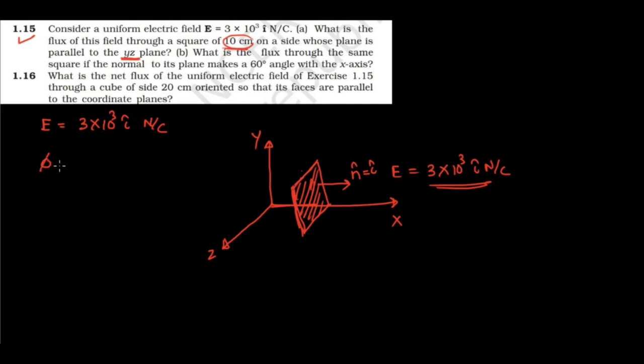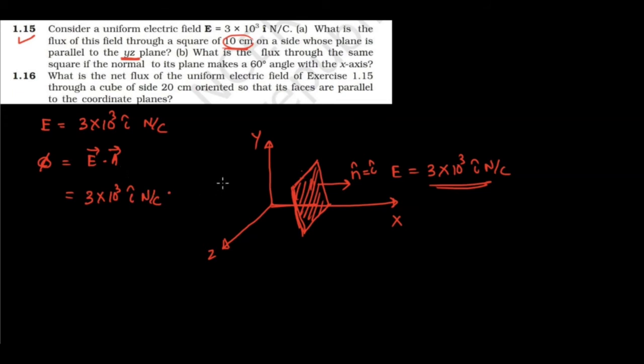So the electric flux will be equal to E dot A. E is 3 into 10 to the power 3 i cap Newton per coulomb, dot the area vector.